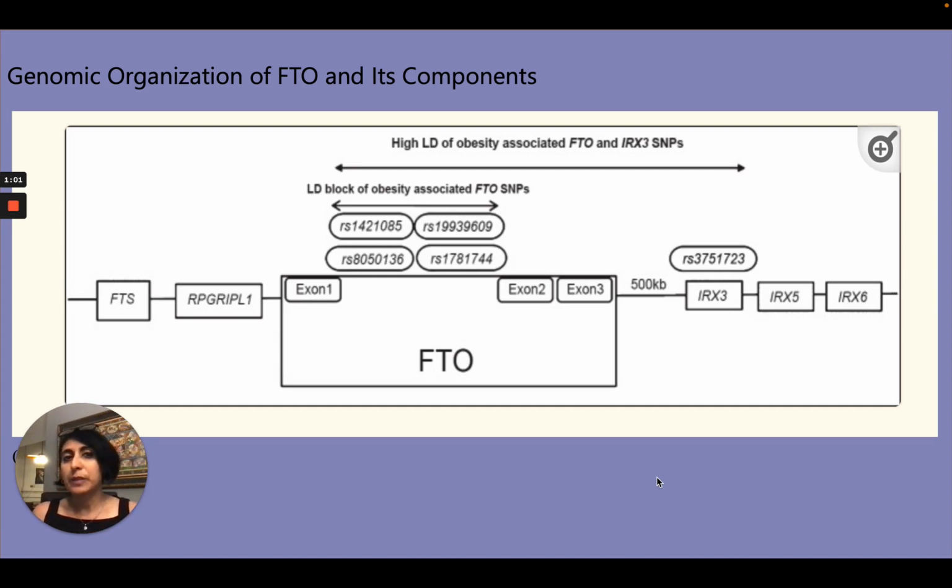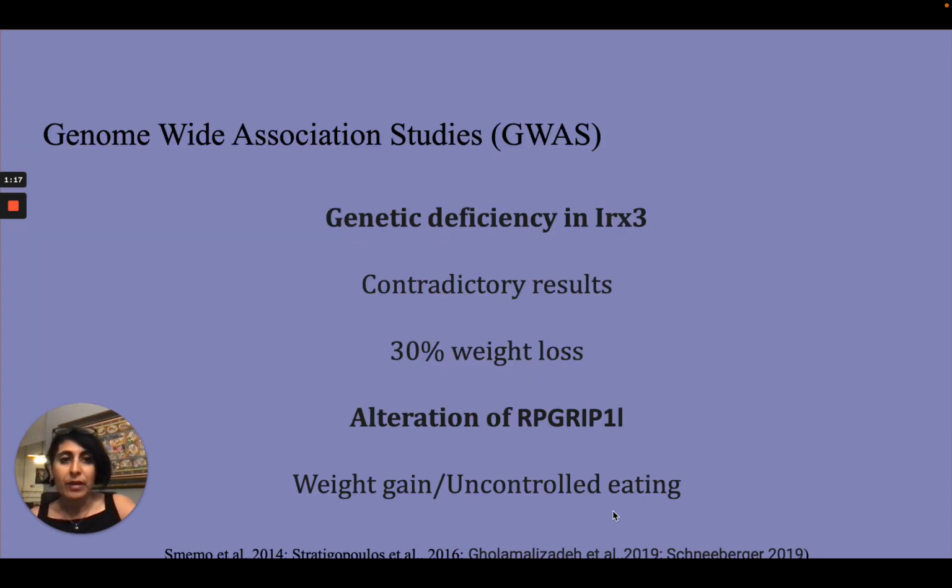So there are studies that have been done where the gene has been removed and a deficiency occurs and this is what happens. So we're like, okay, so these genes impact obesity. And if we remove them, then positive results occur. Well, not always. So they created a mutation, a genetic deficiency of IRX3.